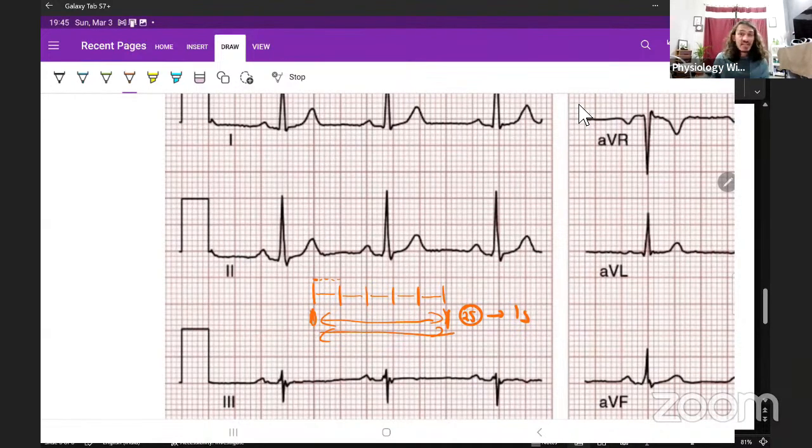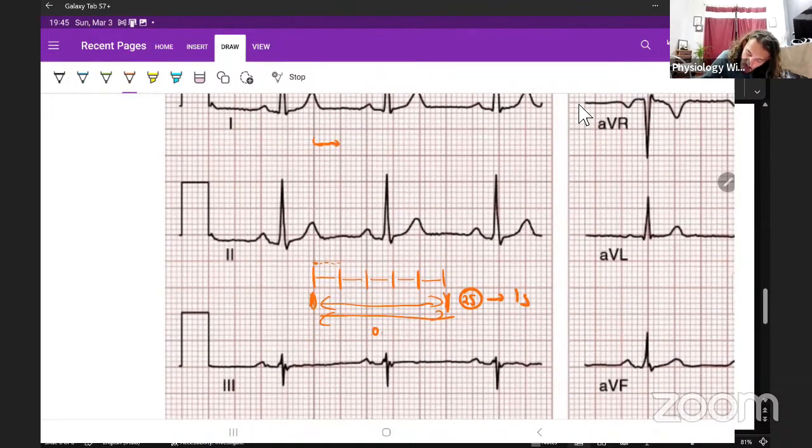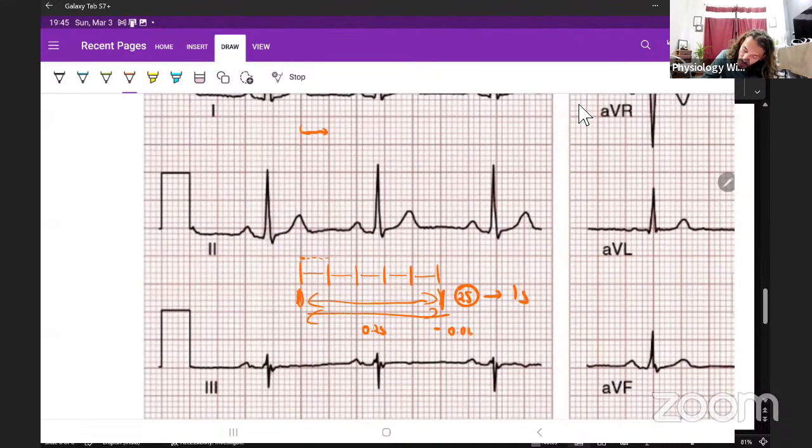If that is denoting 1 second, how much will this denote? That is going to be 0.2 second. And how much is one smallest division over here going to tell you? 0.04 seconds.